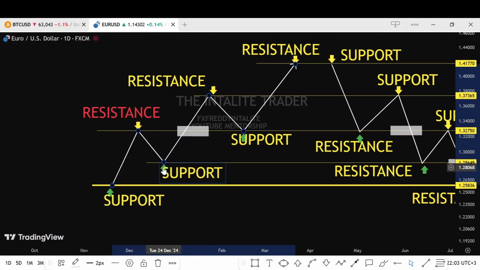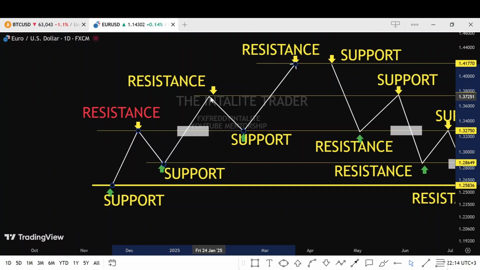Now, when this price comes to find the support level here, it gets support at this point and continues to trade above.